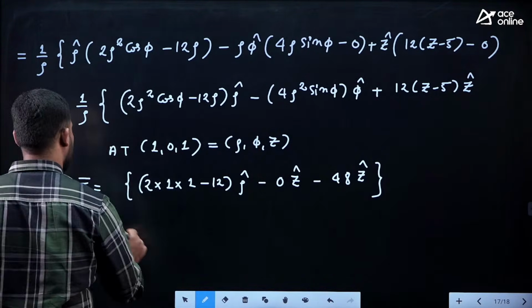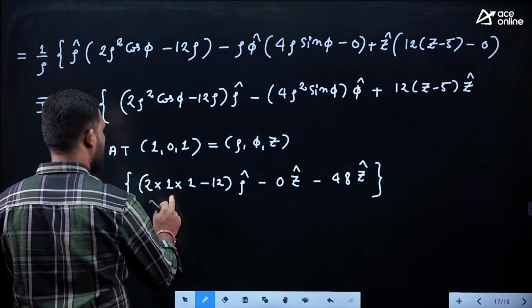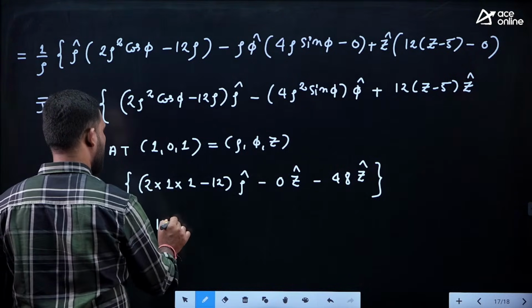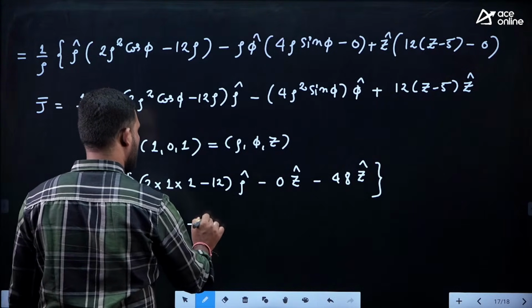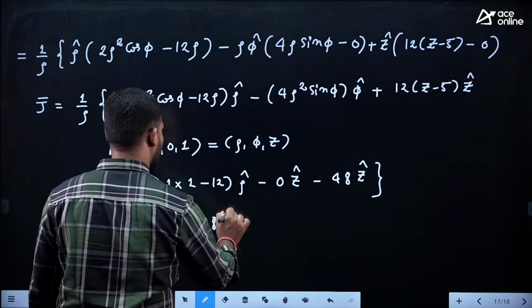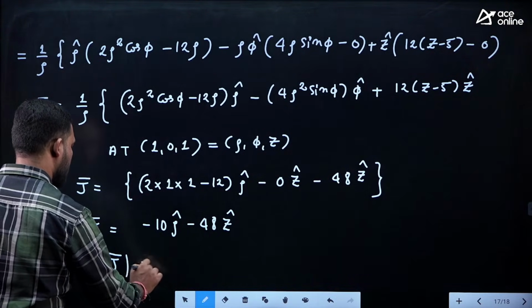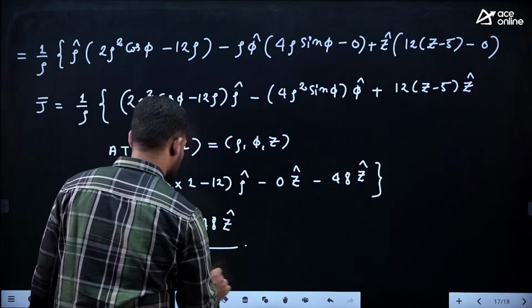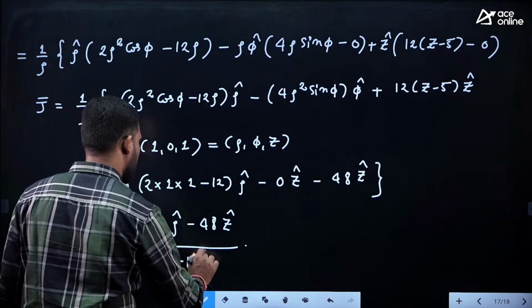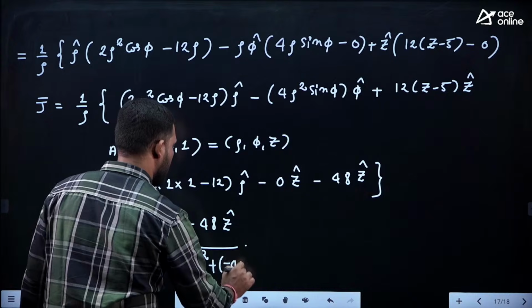Done. So this one is minus 10 rho cap minus 48 z cap. It is asking for the magnitude. So what is this J magnitude, guys? The square root of minus 10 square plus minus 48 square.